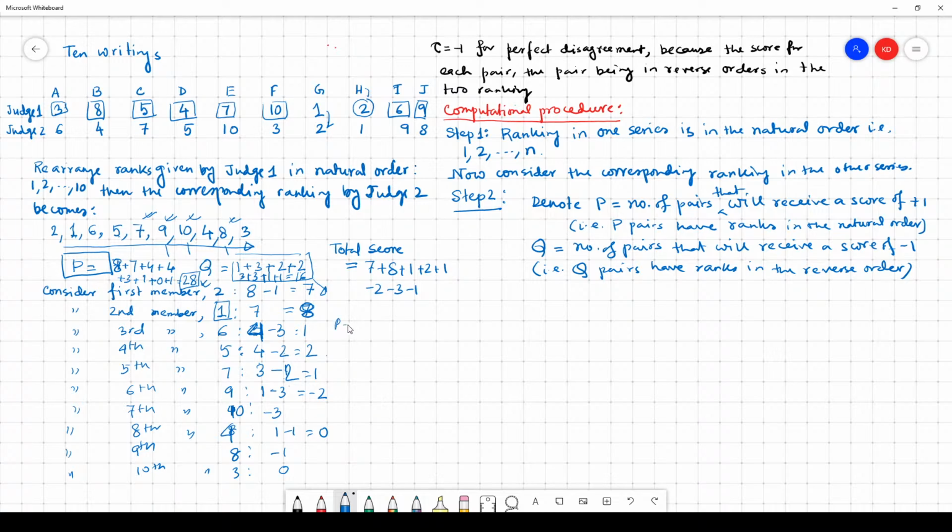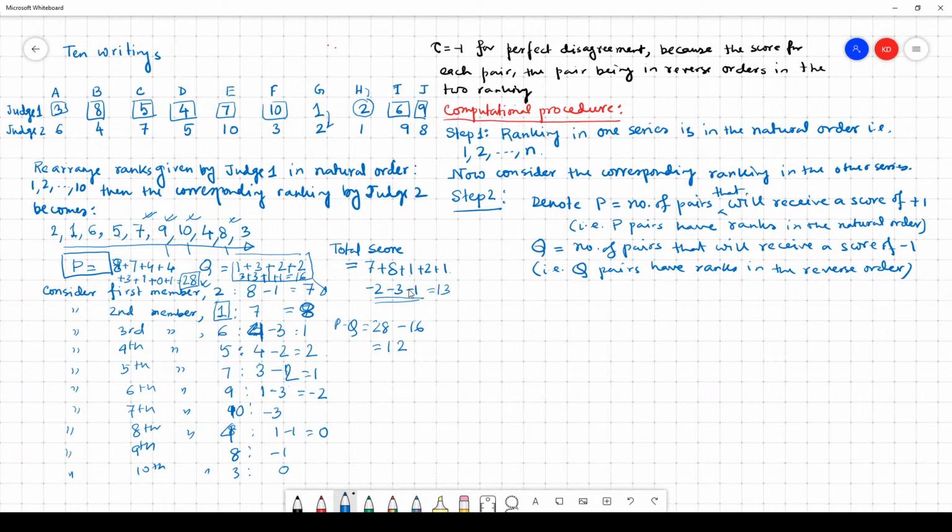Now P minus Q, so 28 minus 16 gives 12. Now you see that the total score is 12. But again, here you see 7 plus 8, 15, 15 plus 1, 16, 16 plus 2, 18, 18 plus 1, 19, 19 minus 6 is 13.